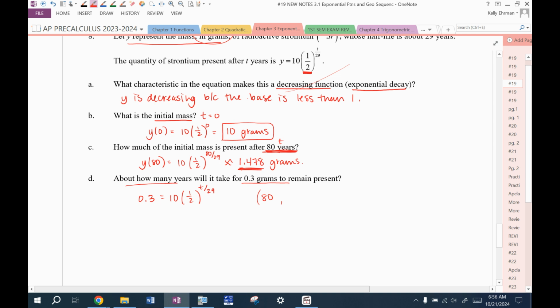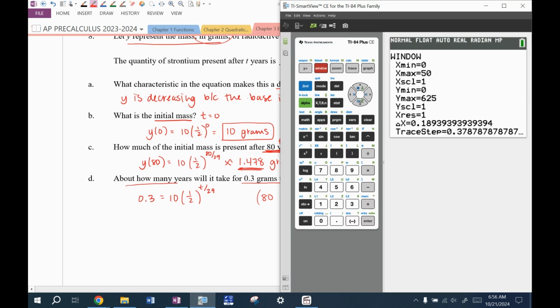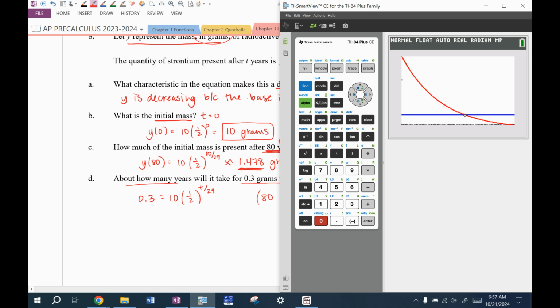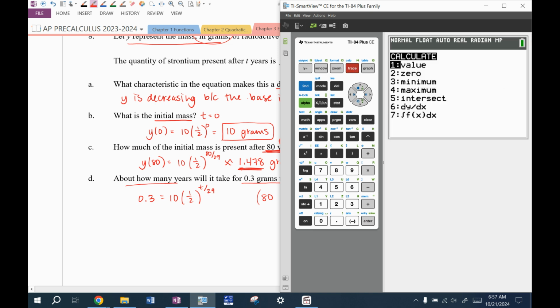And then I just have to do a little bit of guessing and checking. Is 200 far enough to go out? I will have to see. So I'm going to say 80 to 200, and then I'm going to zoom fit. And if I can see the intersection, then I'm good. See, I can see the intersection. That's great. I might have done 80 to 300 on my answer key, so that's fine too. And then I'm just going to find the intersection point.